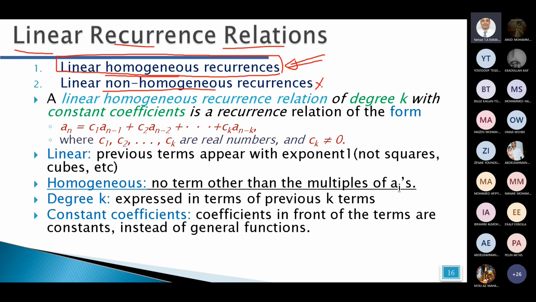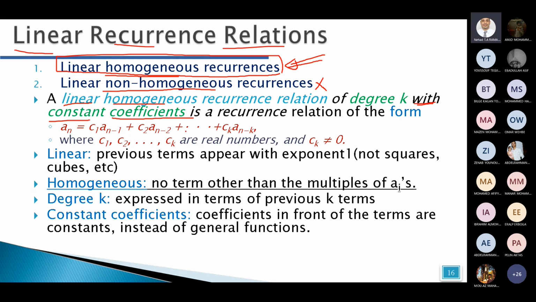We will not take the linear non-homogeneous type, because it has another way of solution which is out of our scope. And this is also important: with constant coefficients. We will not take recurrence relations with non-constant coefficients, only constant coefficients.